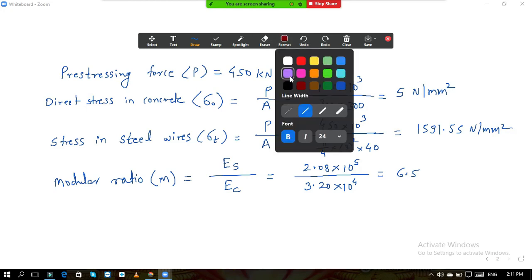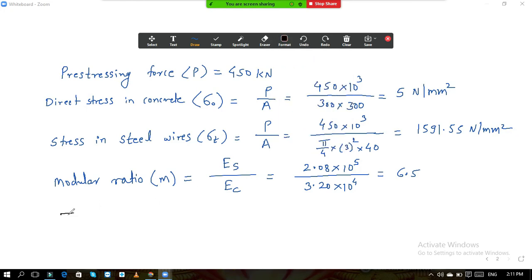So now we will calculate the various types of losses. Here I will write, the various types of losses of stress are as follows.